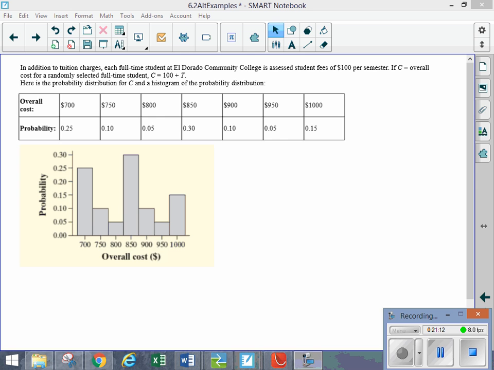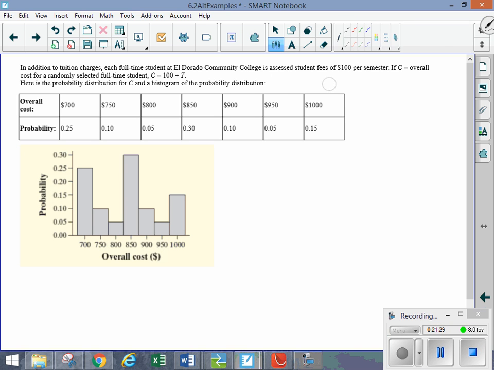So in addition to your tuition charges, a full-time student in El Dorado gets $100 in fees. So that's going to transform all of this. If we're looking at the mean of the distribution C, that is going to be mu sub t, the last one was T, right?